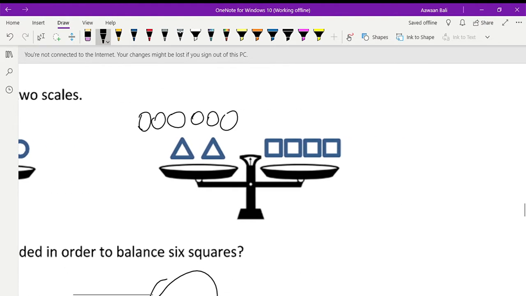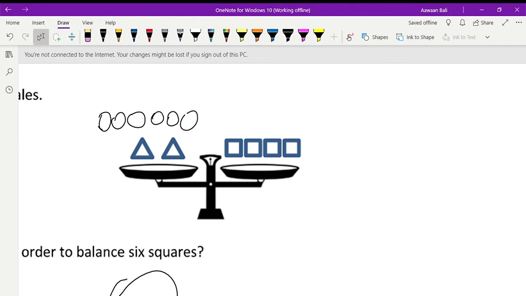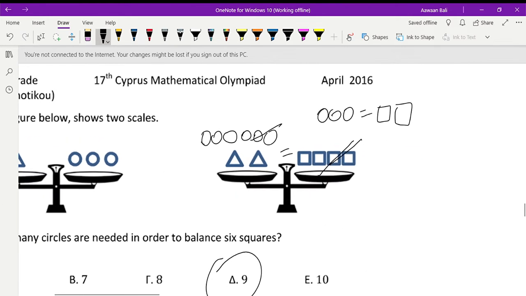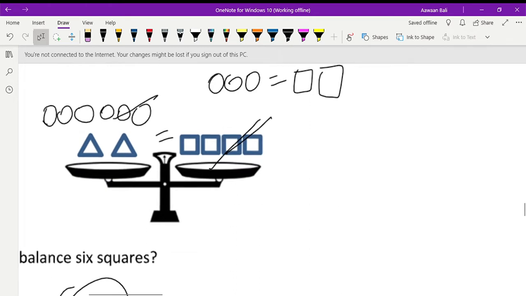So if 6 circles are the same as 4 squares, we can treat both sides the same by dividing by 2. So basically we take away one group in both of them, and we say that 3 circles is equal to 2 squares. And now it's saying to balance 6 squares, so we multiply both sides by 6.